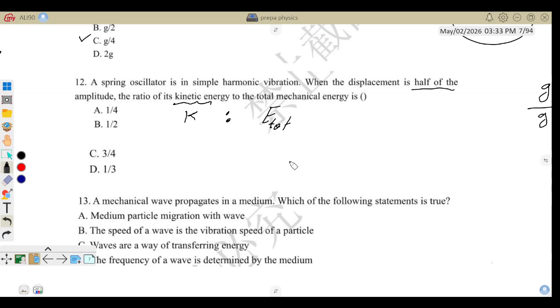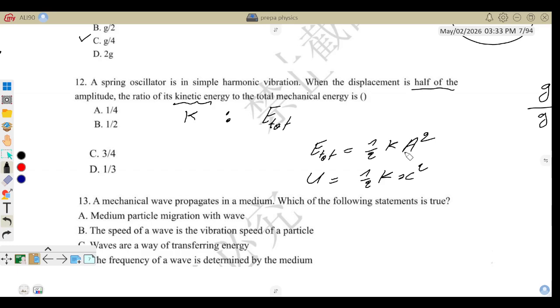So for a spring, in the course we have seen that the E total is 1/2 k A squared. What is the potential energy? The U is 1/2 k x squared.